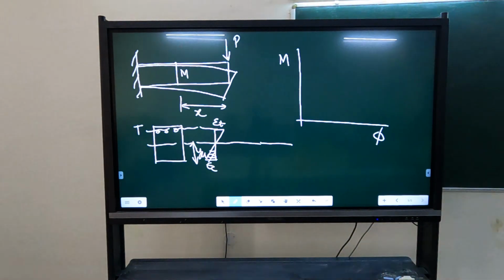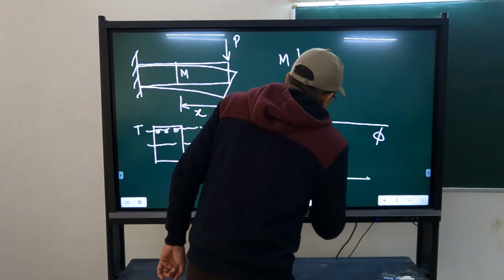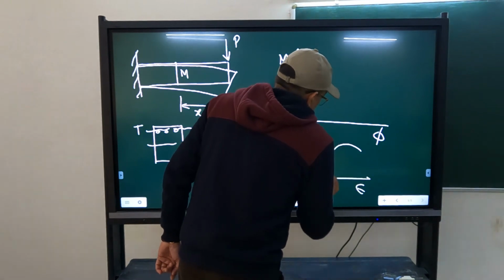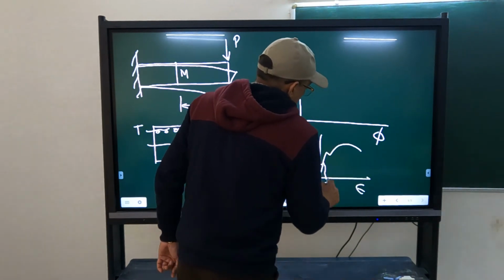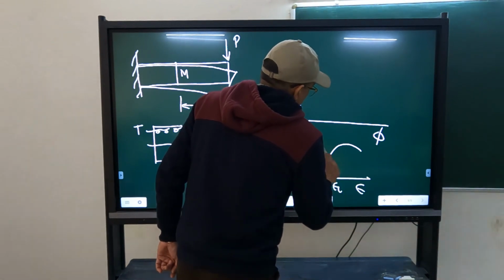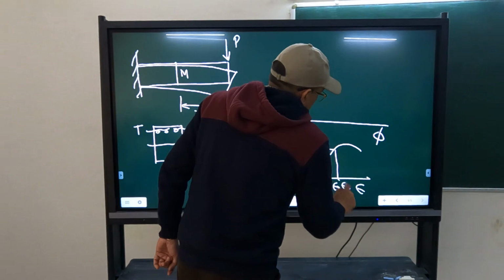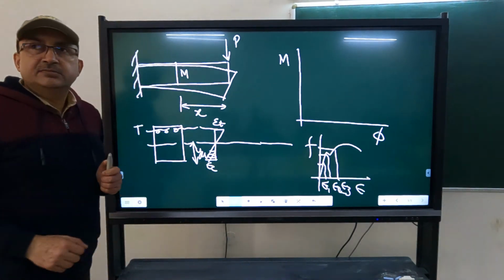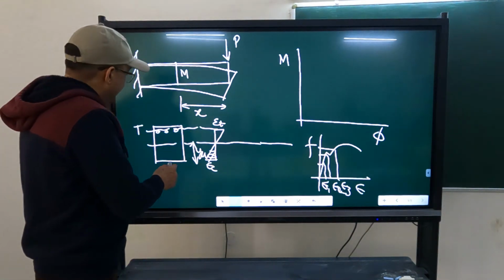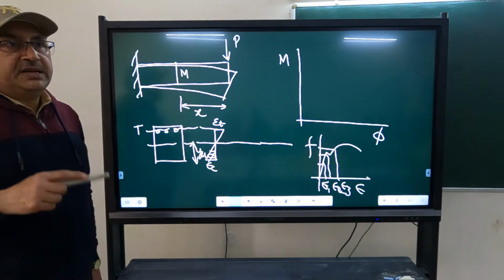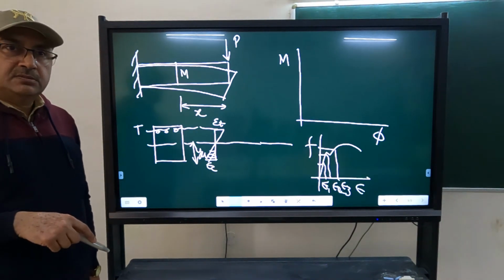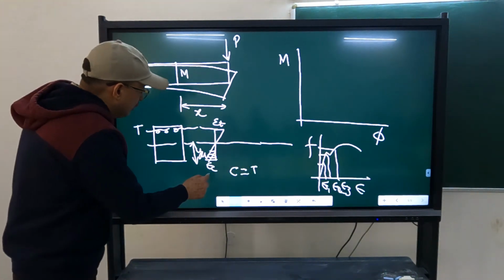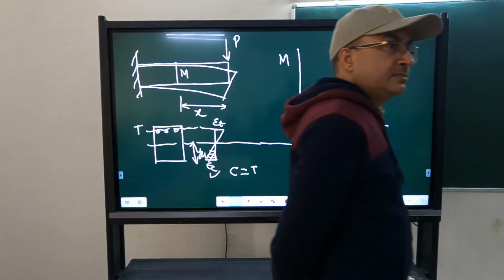Initially I will take a strain much smaller. If this is the stress strain curve of steel, first I will take here this strain, epsilon 1, I can take the strain here, epsilon 2, I can take a strain here, and so on. So I can go on increasing the strain. At each increasing strain, I can calculate T. Then I can calculate the depth of the neutral axis by equating C equal to T. So I will get yu by doing C equal to T, and I will also get epsilon c for that condition.